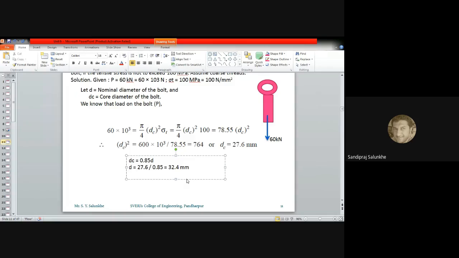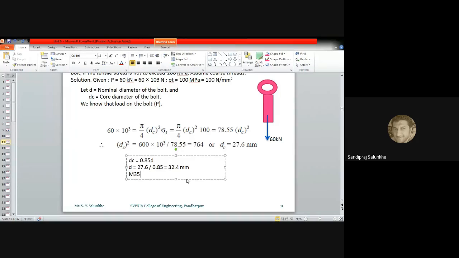And this M indicates a metric thread. M30 means 30 is the major diameter, M15 means 15 is the major diameter, M4 means 4 millimeter is the major diameter. Likewise, sizes of bolts are available. So we'll choose a bolt of M35, if it is available in the standard table, which I will provide you later on.